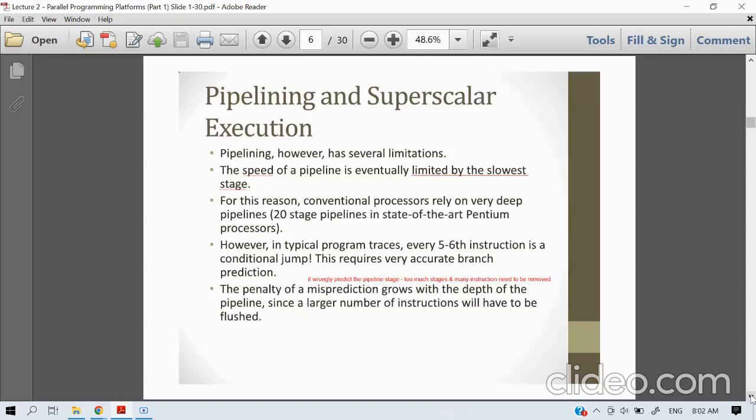Okay, for example, the Pentium processors. However, in typical program traces, every 5 to 6 instructions there is a conditional jump. This requires very accurate branch prediction.